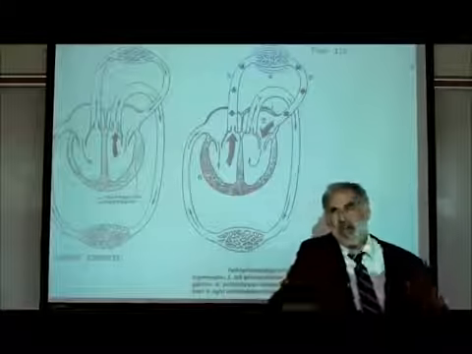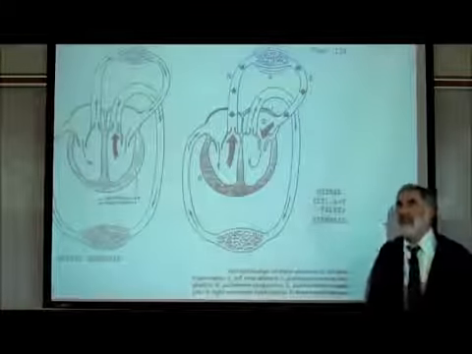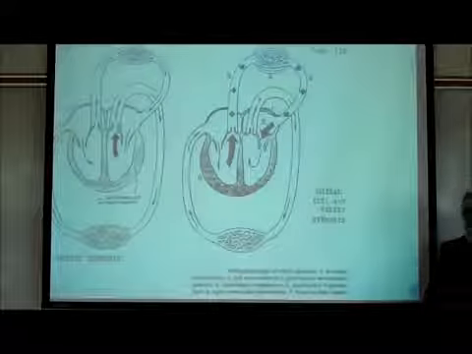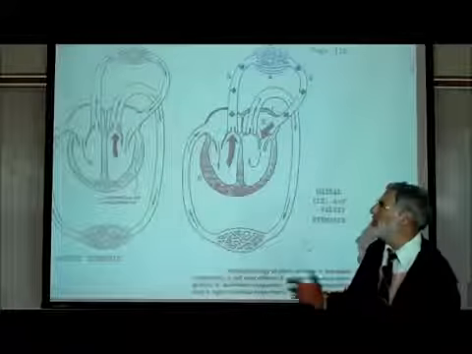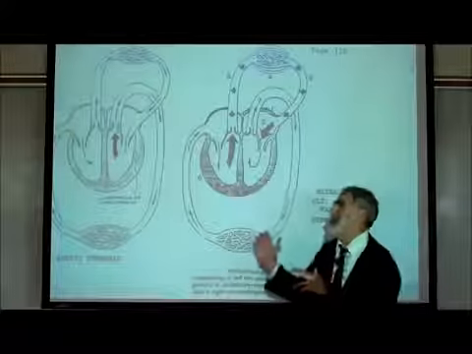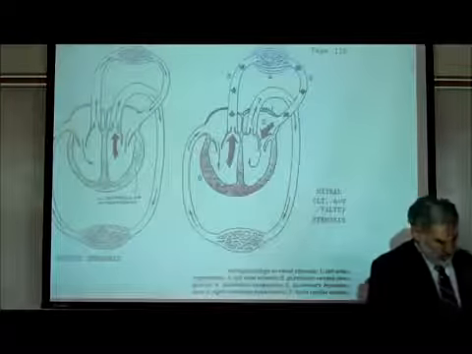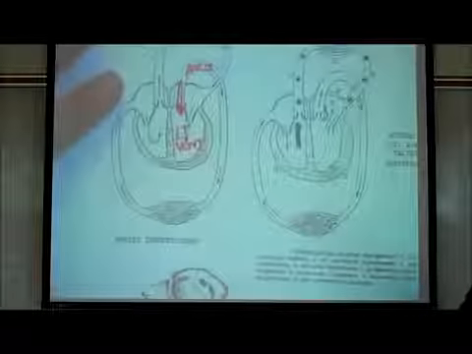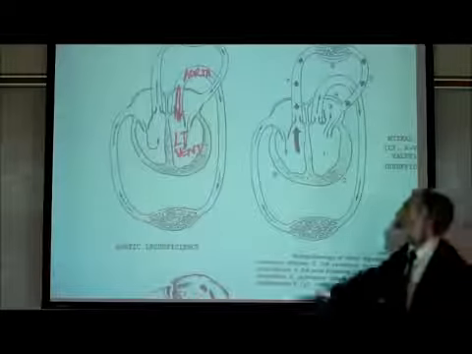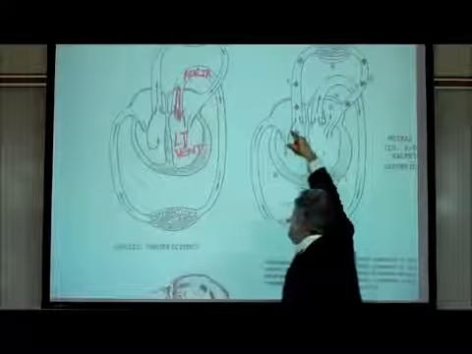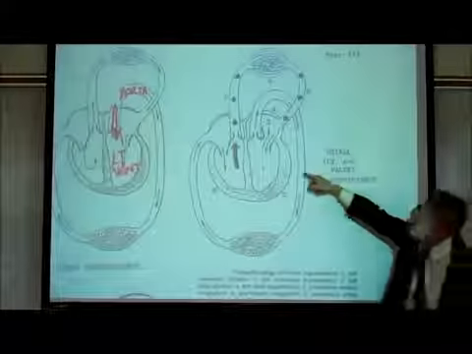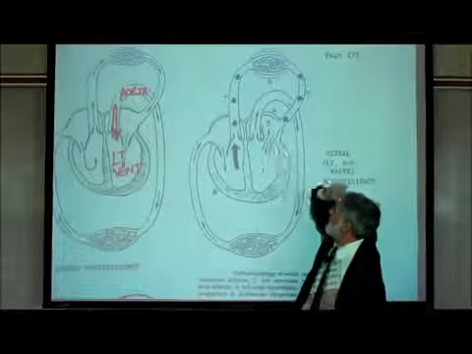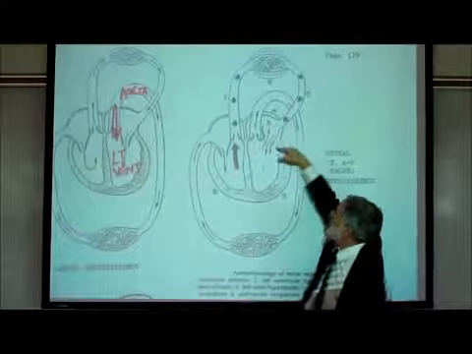So just kind of walk your way through this. Again, I know you all had to learn the names of the valves when you took anatomy. Here we're just asking you to understand functionally what that results in. On the next page, it just shows pictures depicting insufficient valves. The way they've depicted insufficient valves is they show that in this case, here's an insufficient left AV valve or mitral valve.